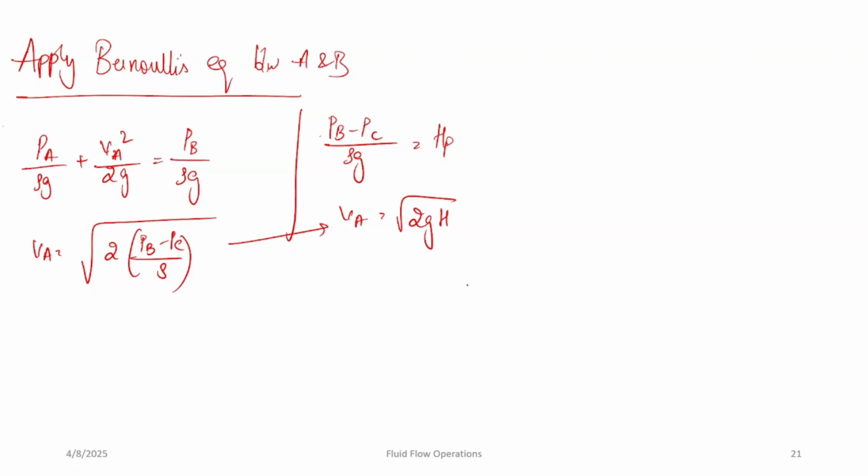With an actual pitot tube, since some losses occur due to its shape and fluid viscosity, the equation is modified as VA is equal to CV into square root of 2gH.